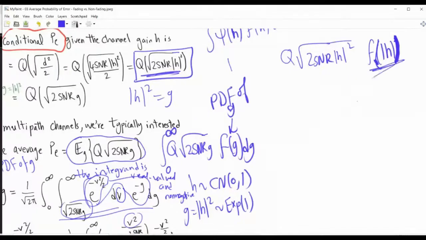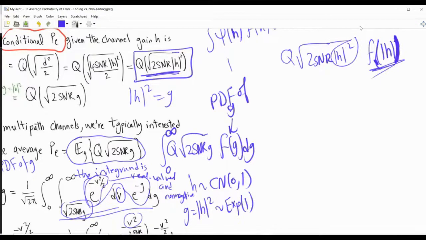But what is the PDF of the magnitude of h? It is Rayleigh, which is different. So basically here we go for the magnitude of h squared, given that our function depends on magnitude of h squared. There are situations in which the Q function ends up being a function of magnitude h only, without squaring.